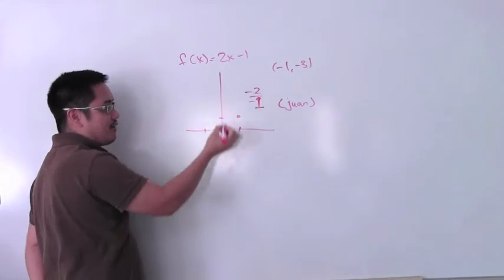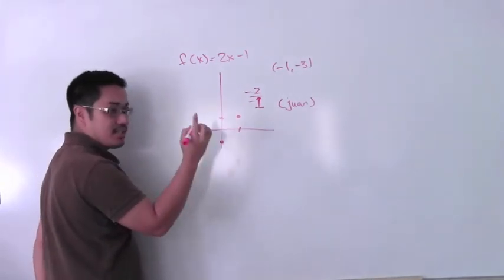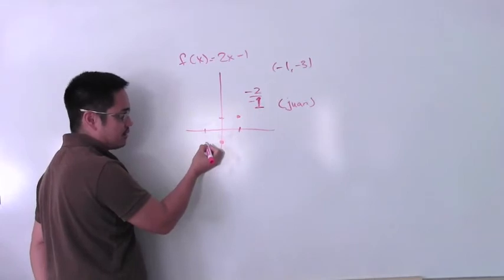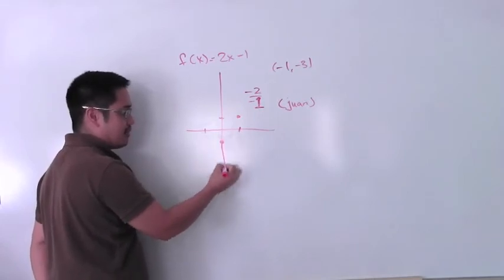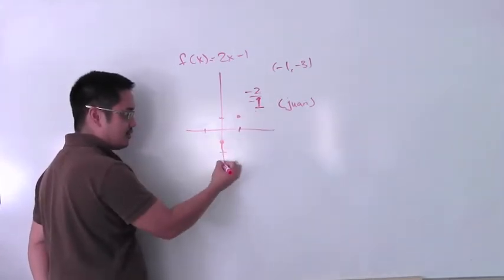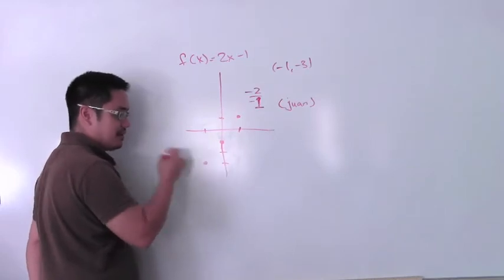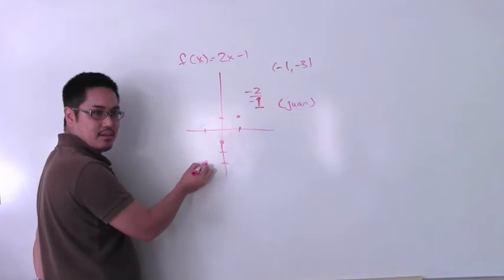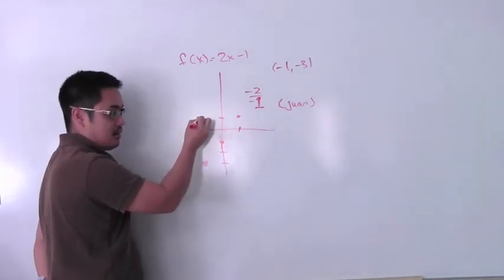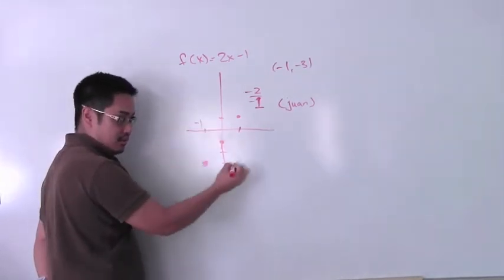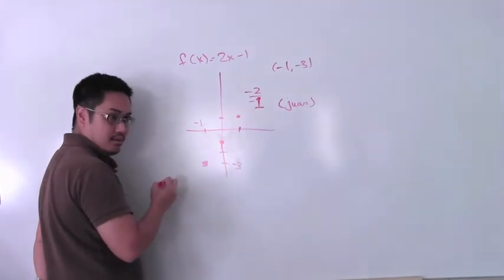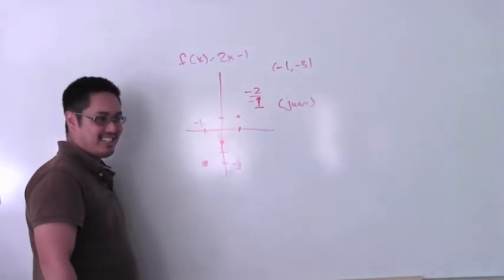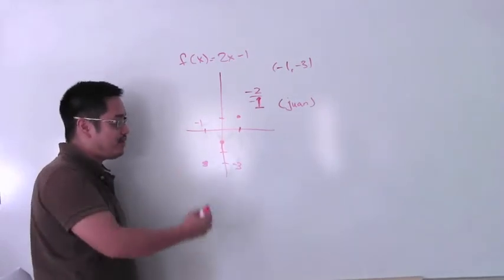So if my slope is positive 2, I can actually go backwards 1 and down 2. Backwards 1, down 2. What are the coordinates of this point right here? Negative 1 comma negative 3, absolutely.